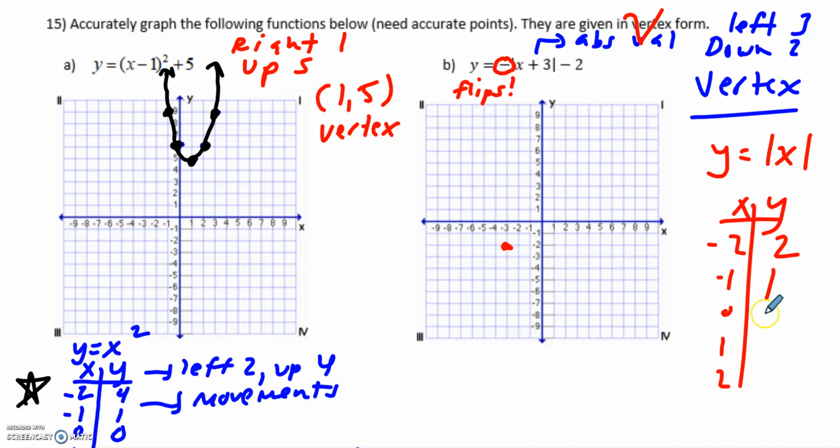Absolute value of -1 is 1. Absolute value of 0 is 0. Absolute value of 1 is 1. Absolute value of 2 is 2. So these are movements. So we're going left 2, up 2, left 1, up 1. But what I want you to see again is that because I have a negative in front, this V is going to be upside down.